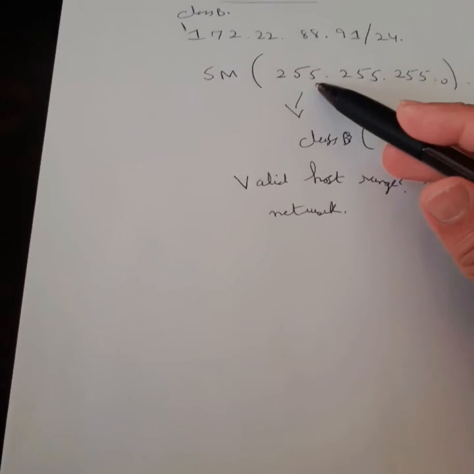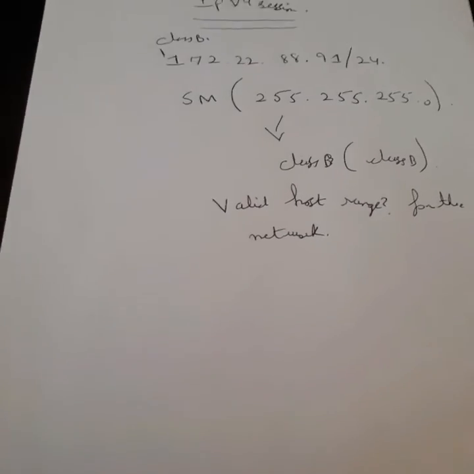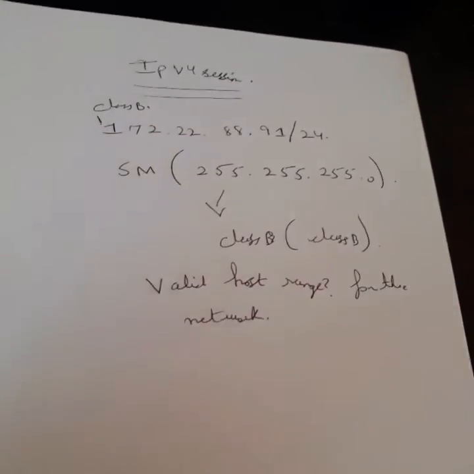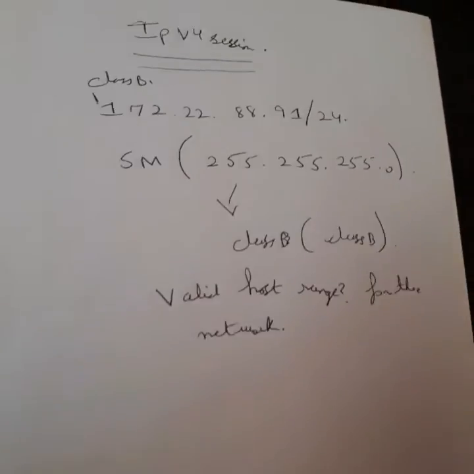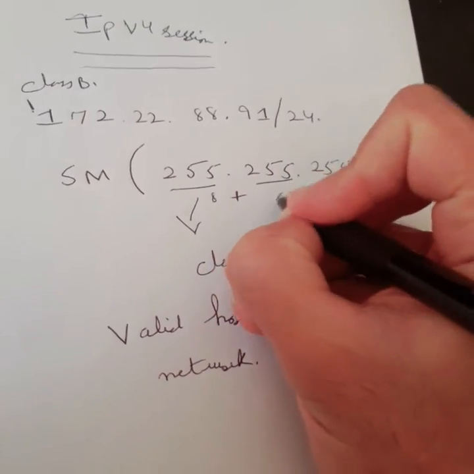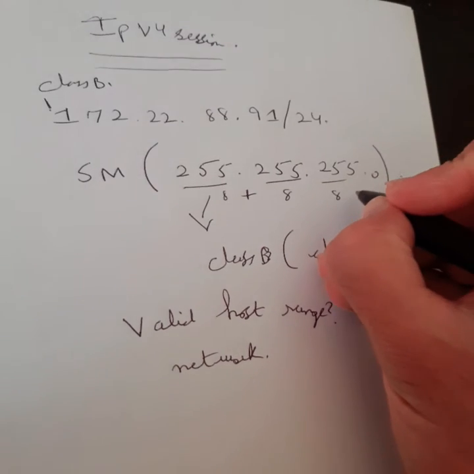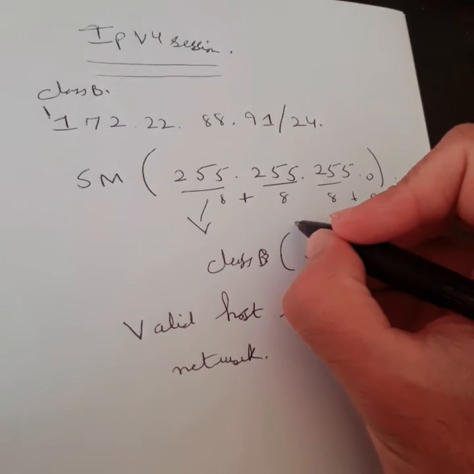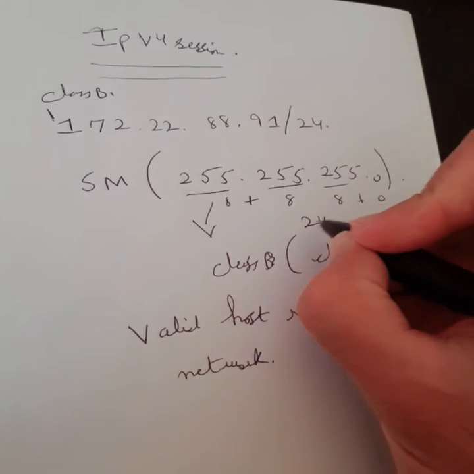As you know, we have broken it into 4 octets. You can see how in the previous videos, but I'll give you a brief idea. That's 8 plus 8 plus 8, and then 0. So 8 plus 8 plus 8 is 24.